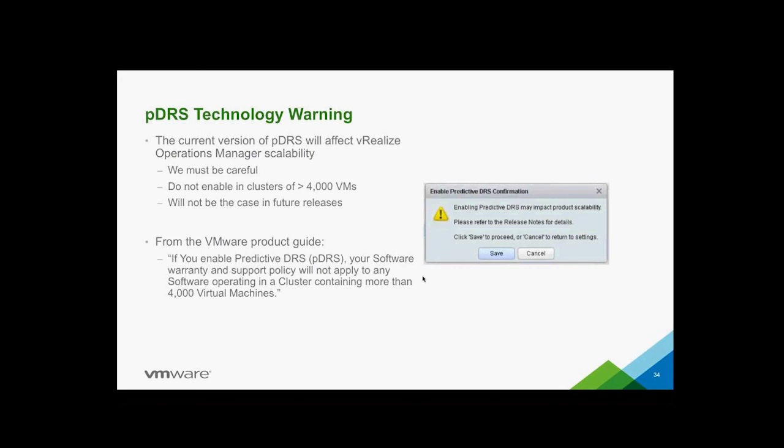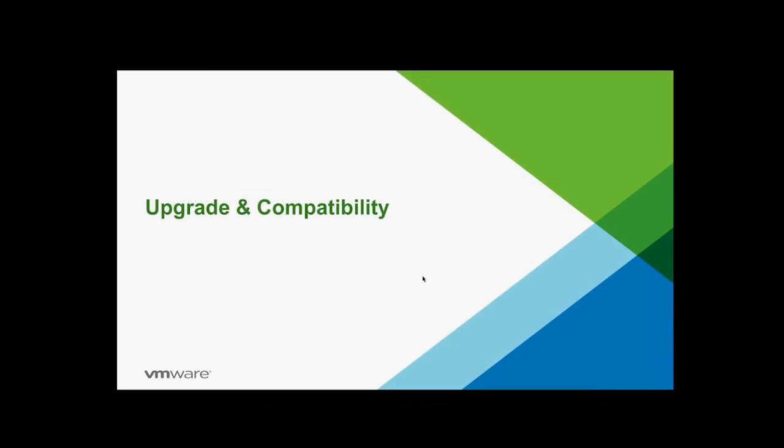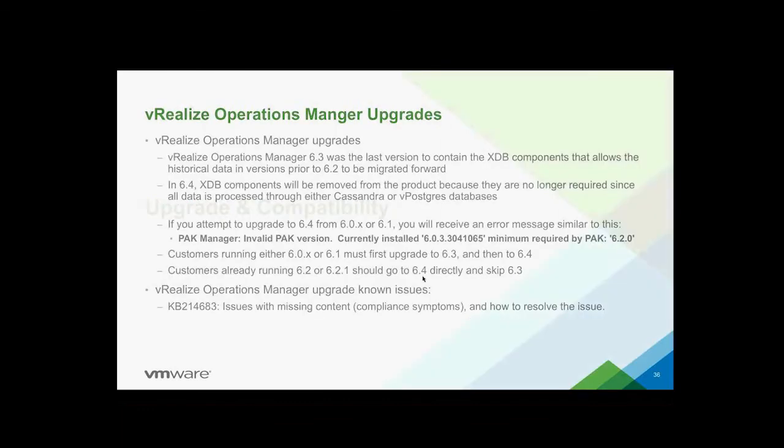Okay, so let's see how we can get to vROps 6.4 and how easy or difficult it is. From an upgrade perspective, vROps 6.3 was the last version with XDB. We know XDB is something VMware has been trying to deprecate since 6.1 onwards.